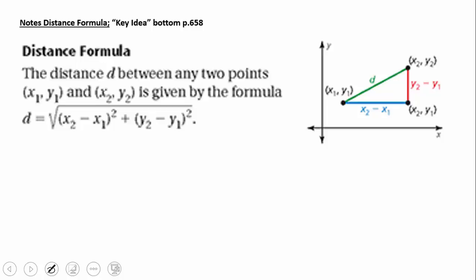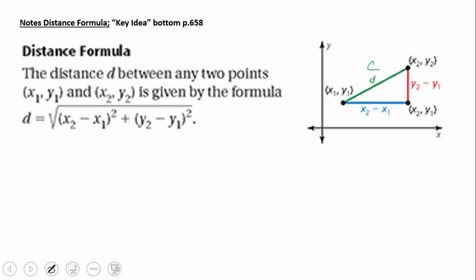Well, it really is easy to understand because they're giving you a picture of what? This is a right triangle, all right? And what they're saying is the distance between the 2 points, that is the hypotenuse. So they've taken c and turned it into d.